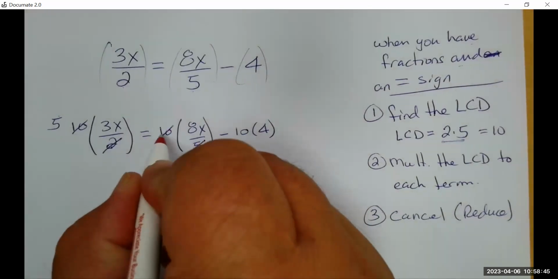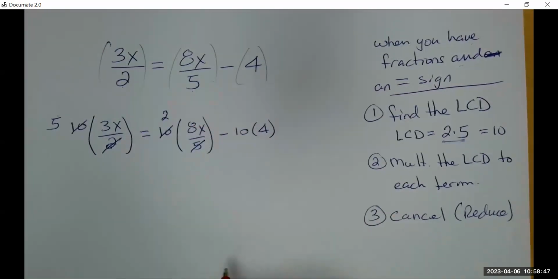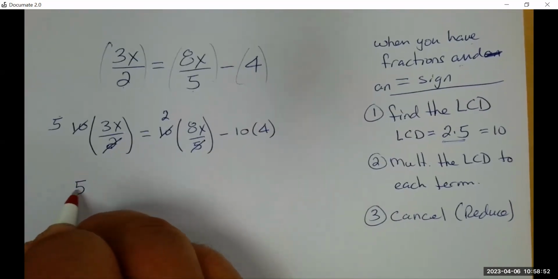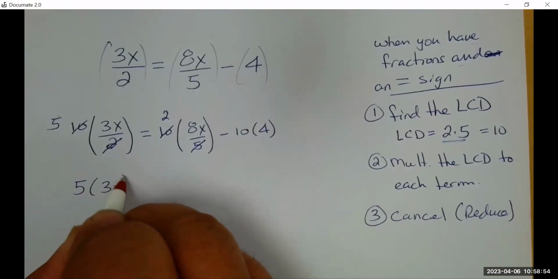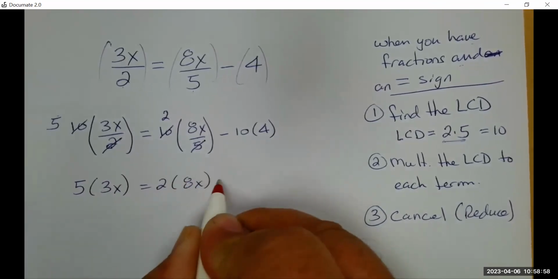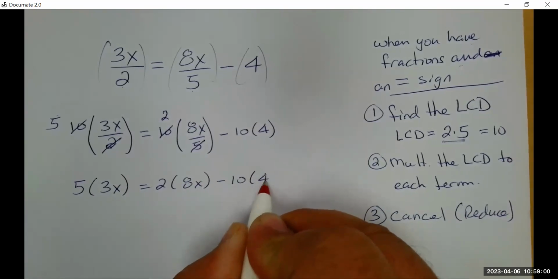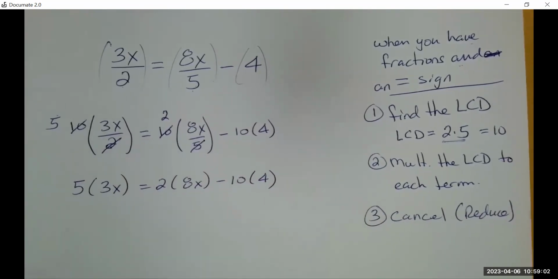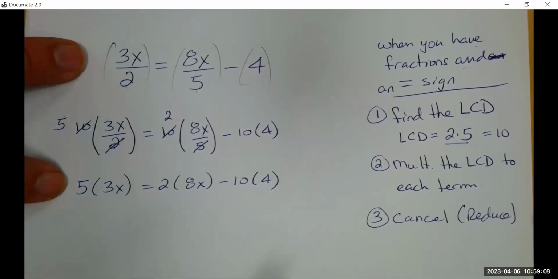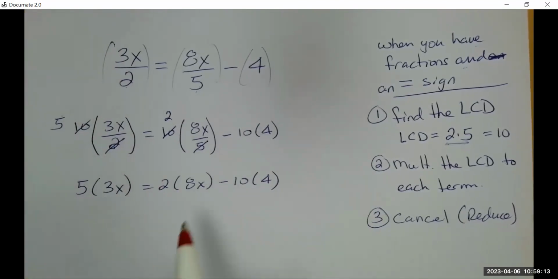If I get rid of the 5, I have a 2 left over. So let's see what we have left. Which one of these looks uglier, the top or bottom? They're exactly the same equation.